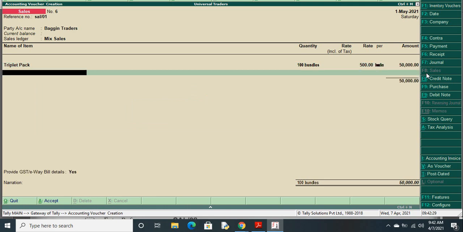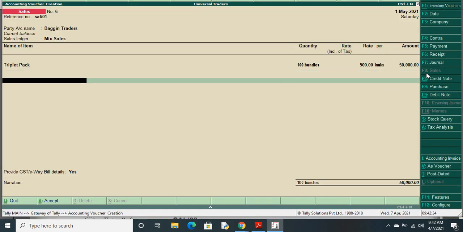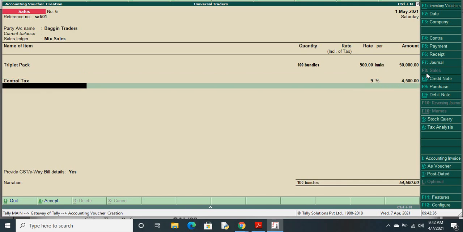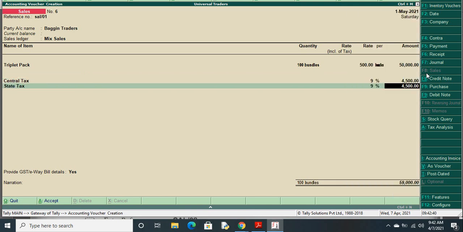So total amount is 50,000, and we have to create CGST and SGST.